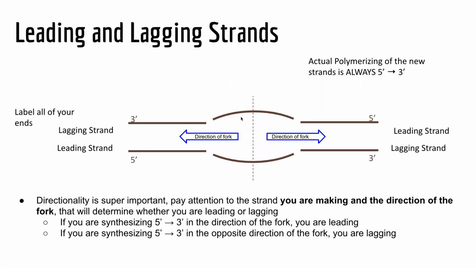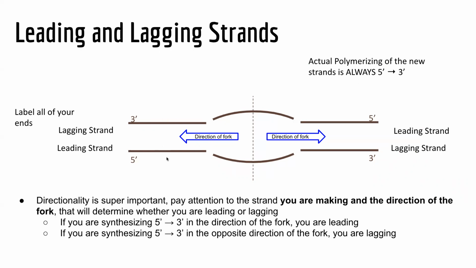You either have to have a diagram with pieces of DNA or 3' or 5' ends, or leading or lagging, in order to fill in another part of that. You can't just figure it out from none of them. If there's nothing here, you'll have to just draw your 3', 5' and label stuff. So the directionality is really important. You need to see whether, when you're going in one direction, it's 3' or 5'.